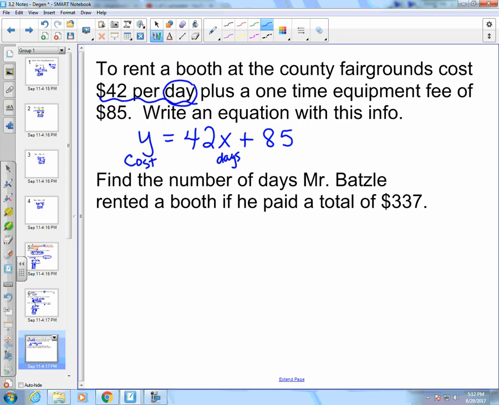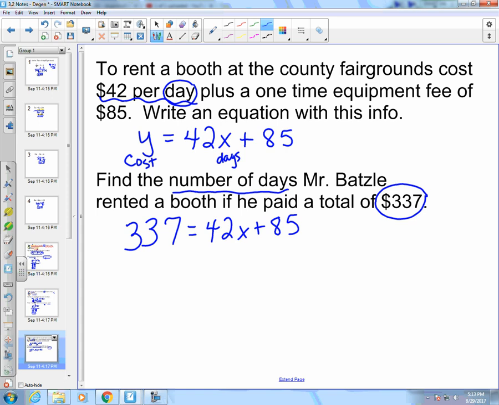We have it. Now they ask us to find the number of days that Mr. Batzel rented a booth if he paid a total of $337. Well, $337 is our total cost. So that's going to go in for our y. We will set up our equation. It is a two-step, and we will start to use our calculator to help us out here.